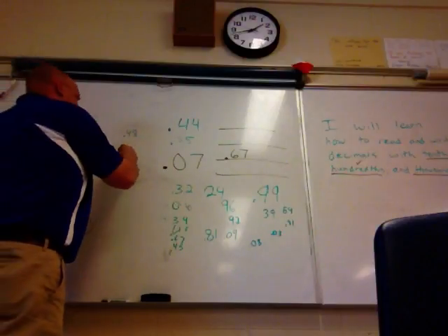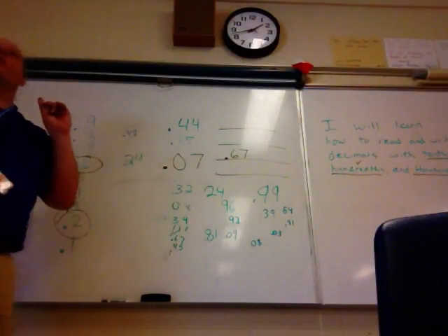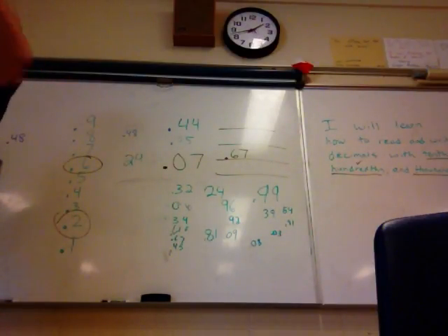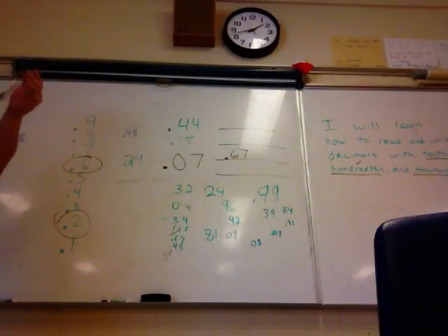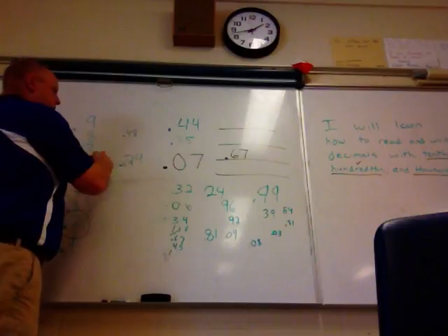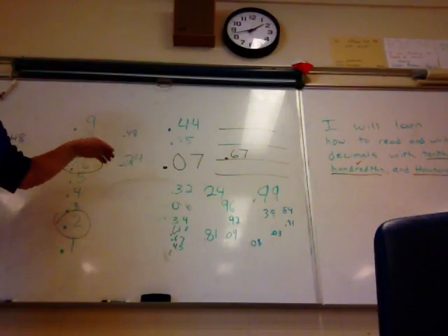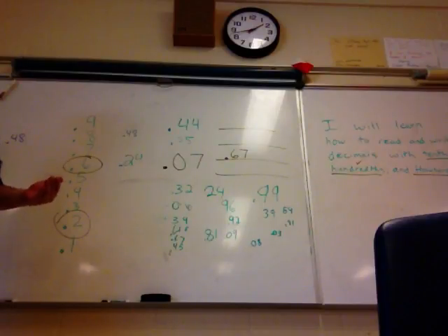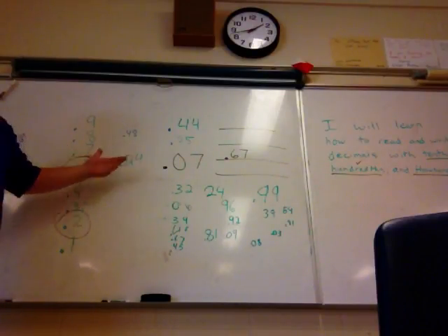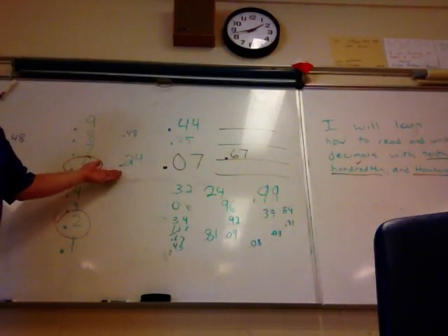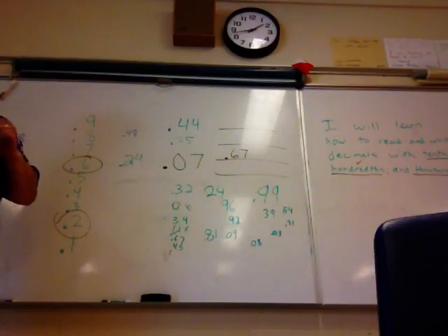So I'm going to write down 24, and I'm going to listen for what label she wants. What do you want it to be? Okay? So you write down your number and then you make it true. That's the way I think of it. Write down your number and then make it hundredths. 24 hundredths. Winner.